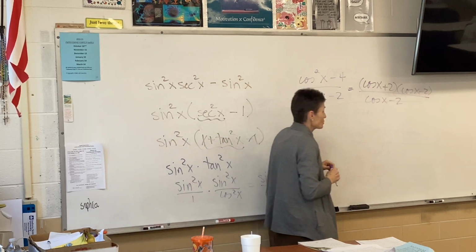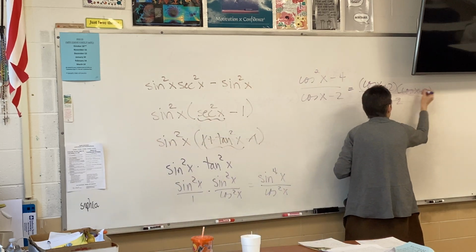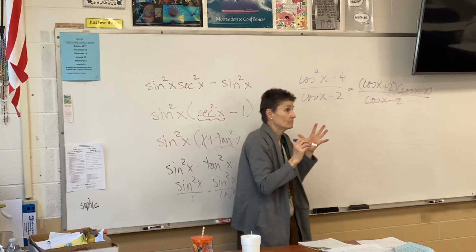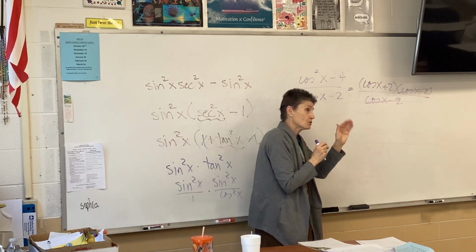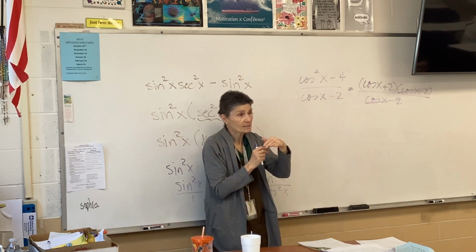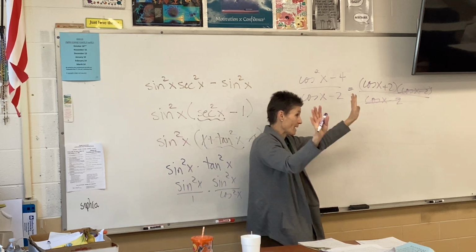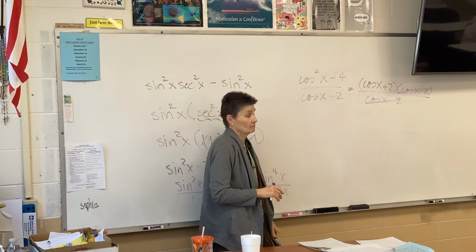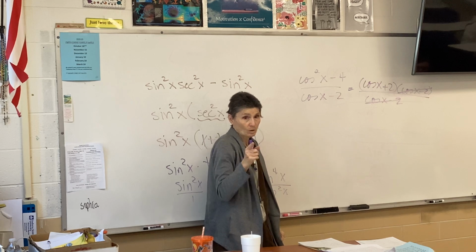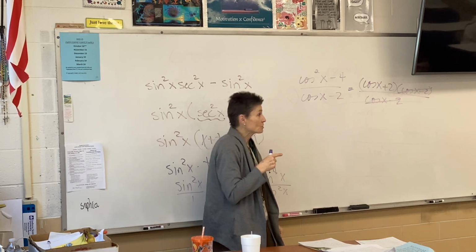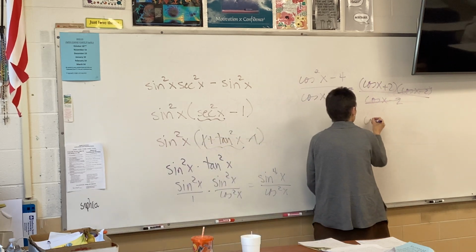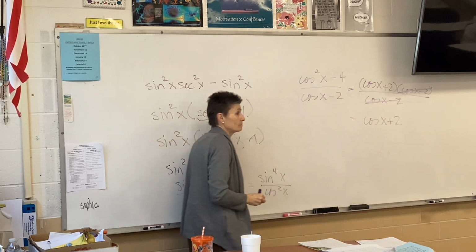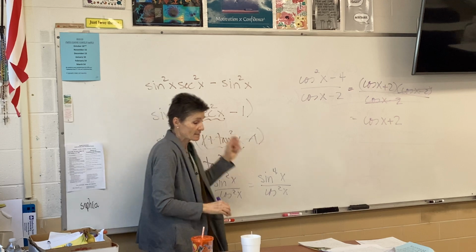Now I can cancel because I'm canceling out the whole factor. I can't cancel out just the 2, I can't cancel out just the cosine, I can cancel the whole shebang. But I can't do that until I factor. Okay? So my answer is just cosine plus 2. That's probably gonna be a test question, that's my guess.